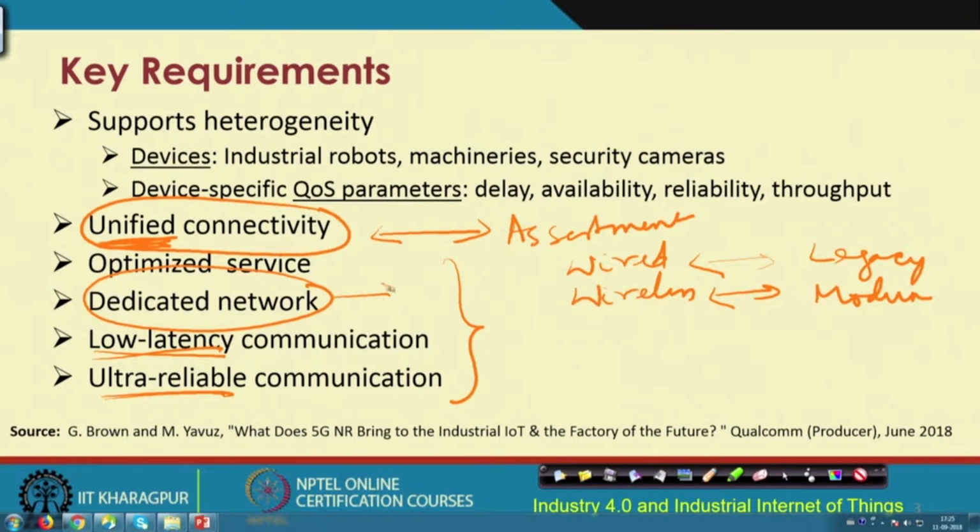Customized requirements will have to be fulfilled, because different industrial sectors have specific customized requirements. Those dedicated network solutions will have to be used to fulfill the customized requirements, and together with that, optimized service offerings will have to be made.